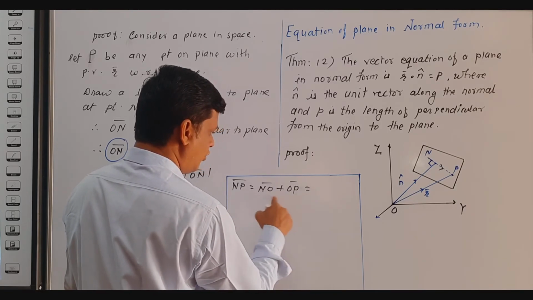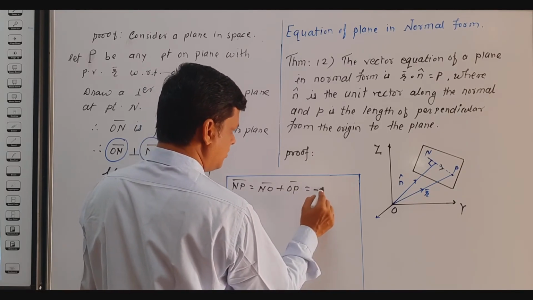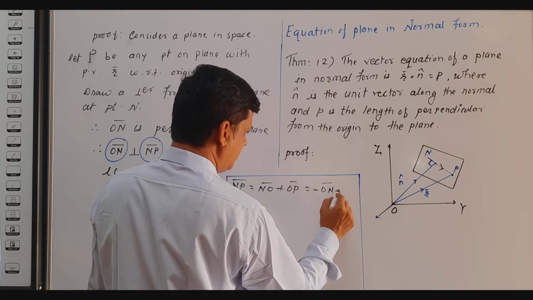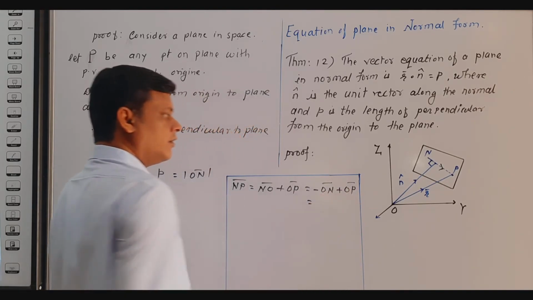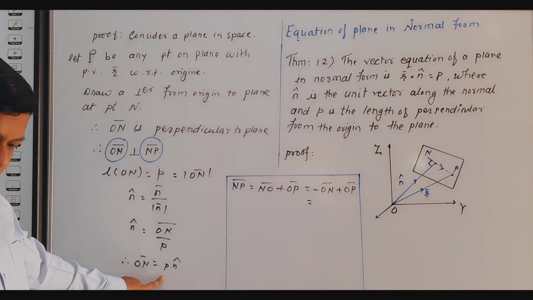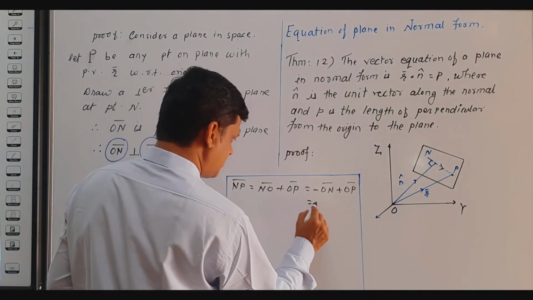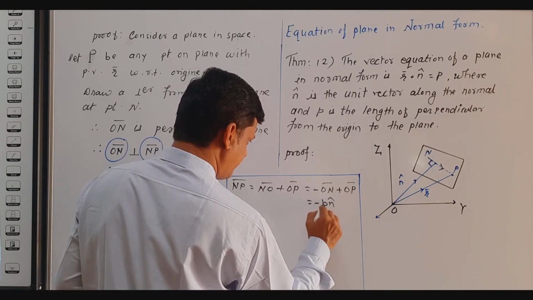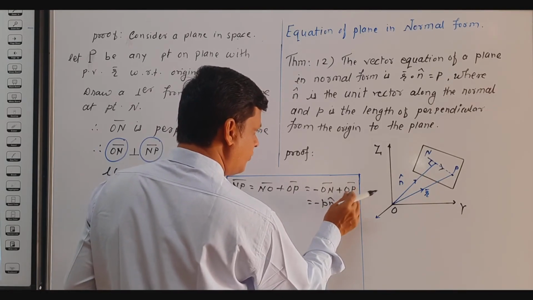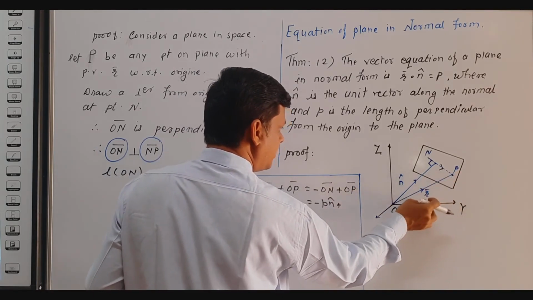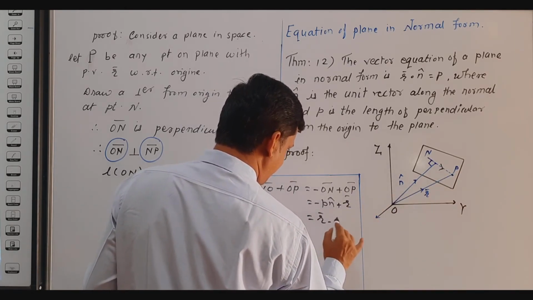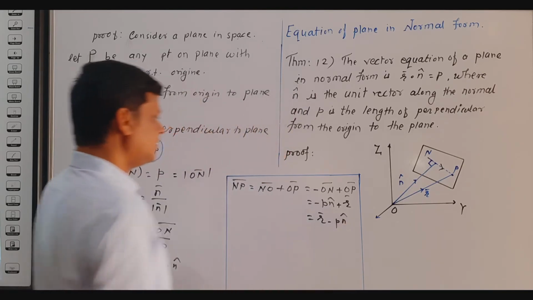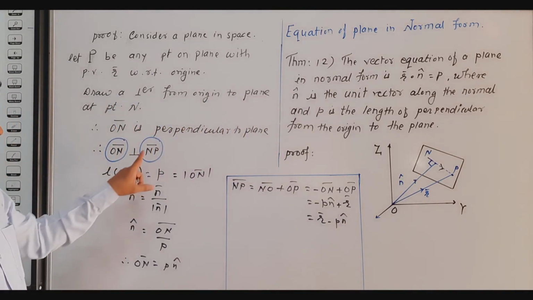So vector NO can be written as minus vector ON plus vector OP, that is minus p n cap plus vector OP. The position vector of P with respect to O is r bar, so we write r bar minus p n cap. So we get the value of vector NP.